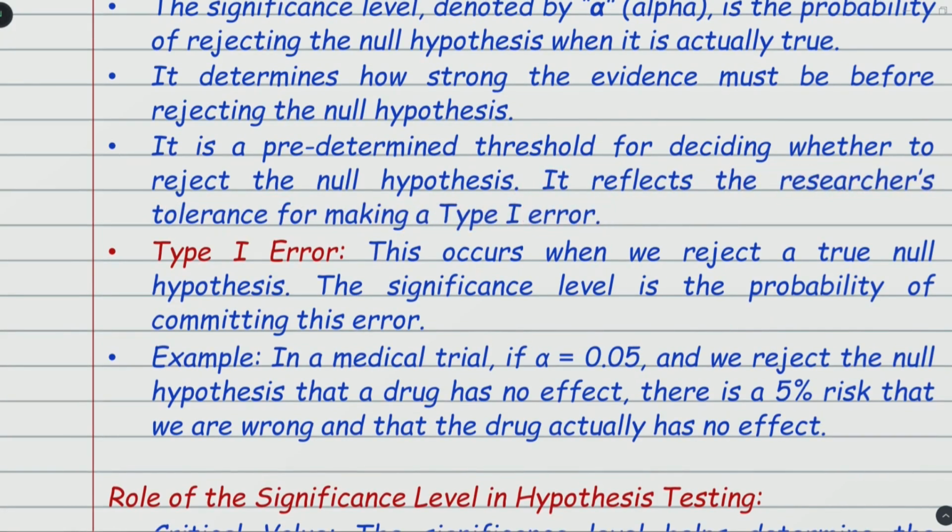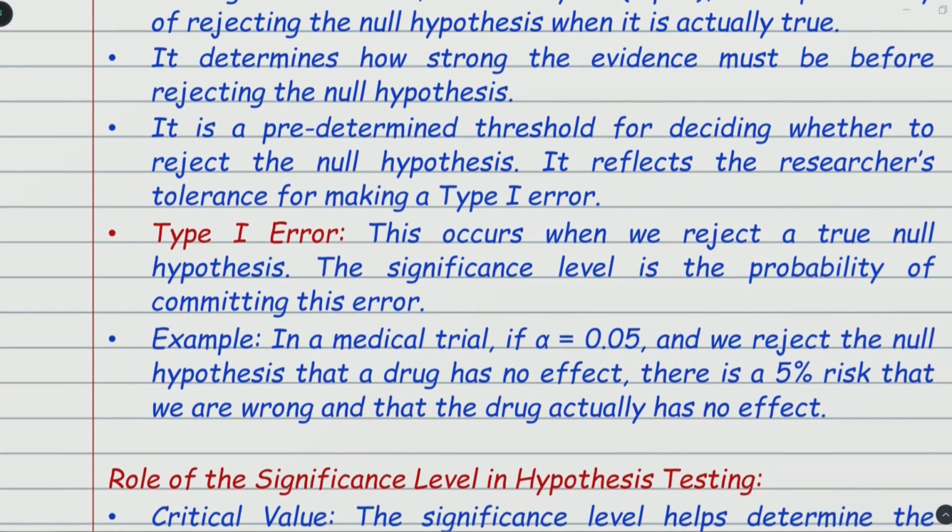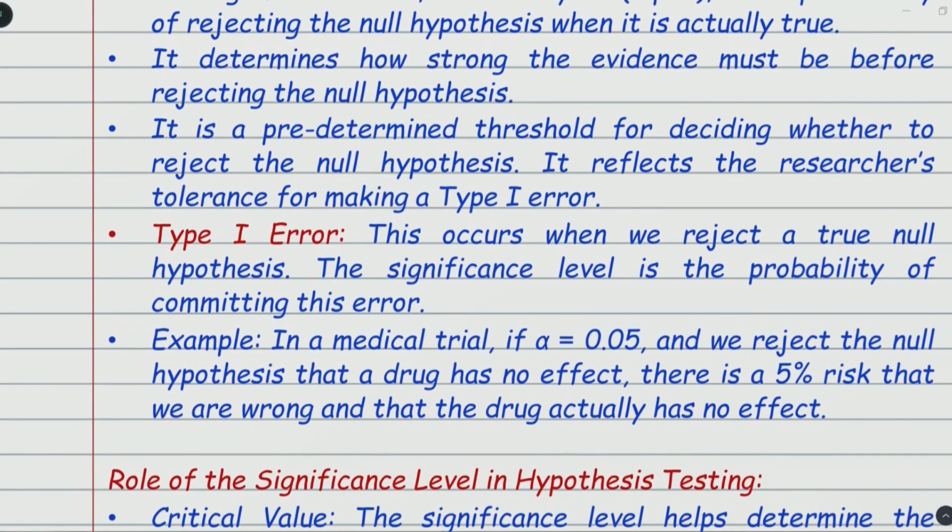Now, what could be a type 1 error? We haven't discussed this earlier, but just for your understanding, let us understand what a type 1 error is. This occurs when we reject a true null hypothesis. The significance level is the probability of committing this error.